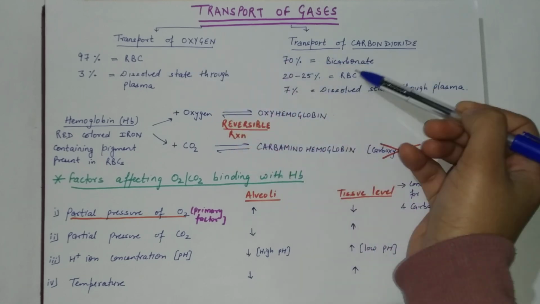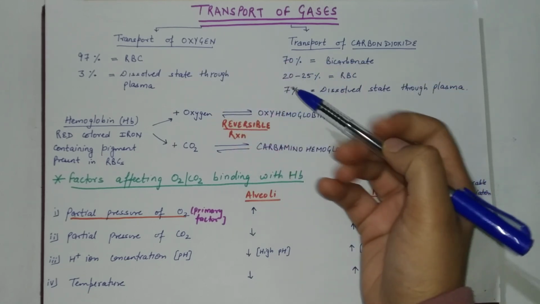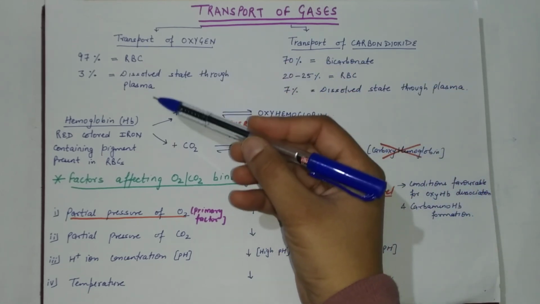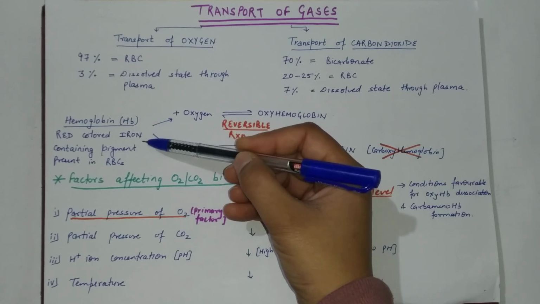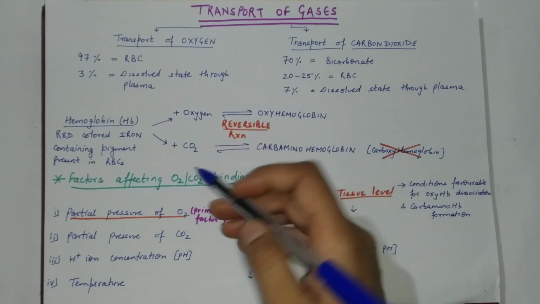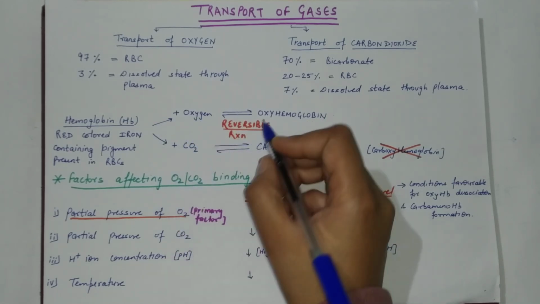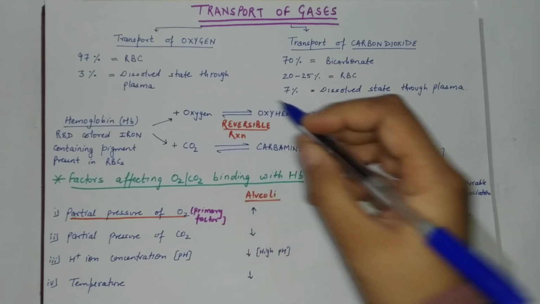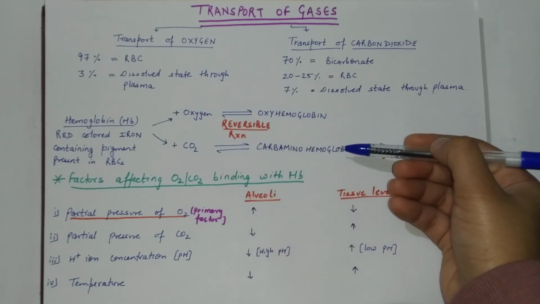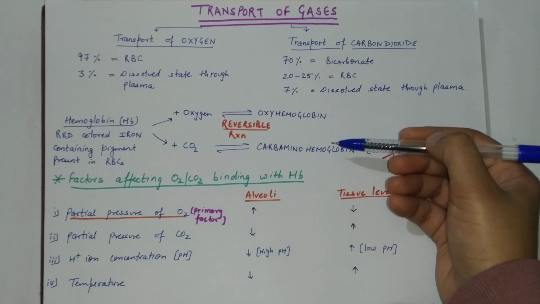Now, how do these RBCs carry oxygen and carbon dioxide? RBCs contain hemoglobin, which is an iron containing pigment which binds with oxygen and carbon dioxide in a reversible manner to form oxyhemoglobin and carbaminohemoglobin respectively.